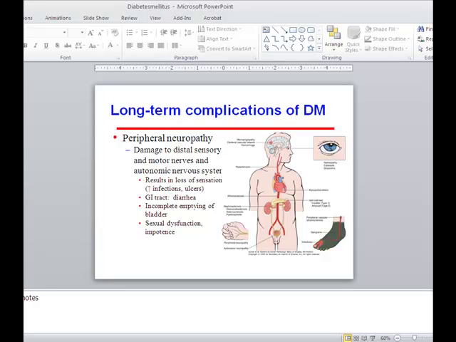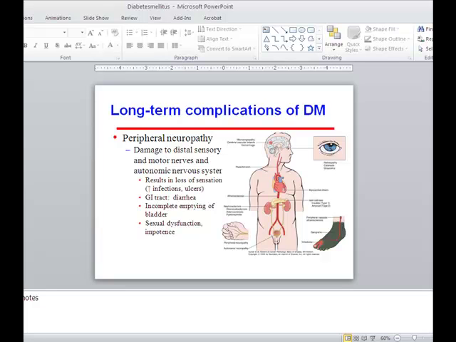And finally, the distal sensory as well as the motor nerves are affected. Okay? And once the distal sensory nerves are affected, there is loss of sensation. When there is loss of sensation, there is increased infection.